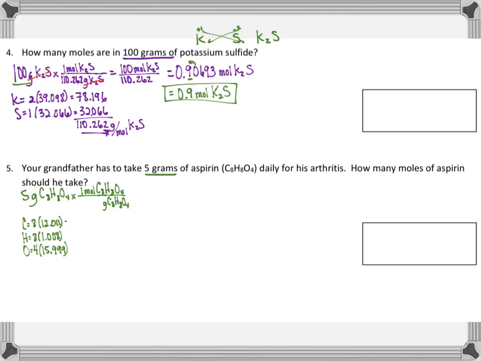Okay, so now I'm going to do the math. I'm going to multiply these. So 12.011 times 8 gives me 96.088. 1.008 times 8 gives me 8.064. And 15.999 times 4 gives me 63.996.